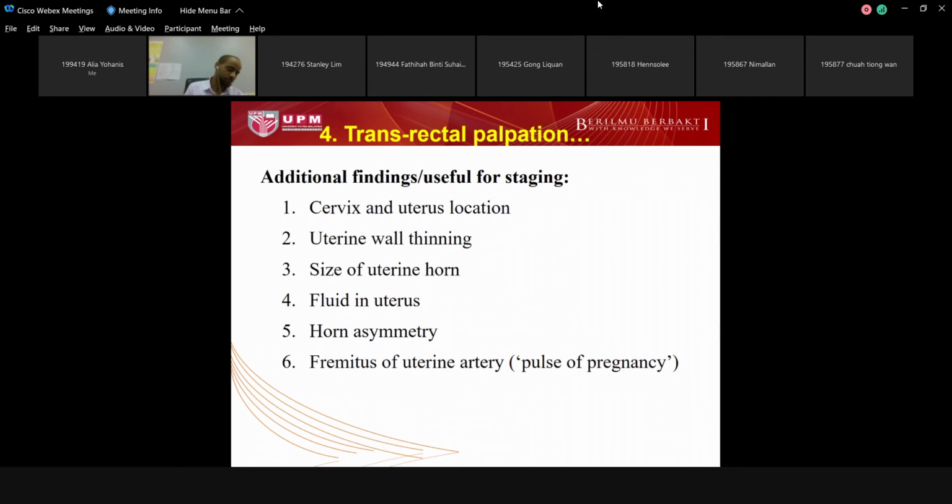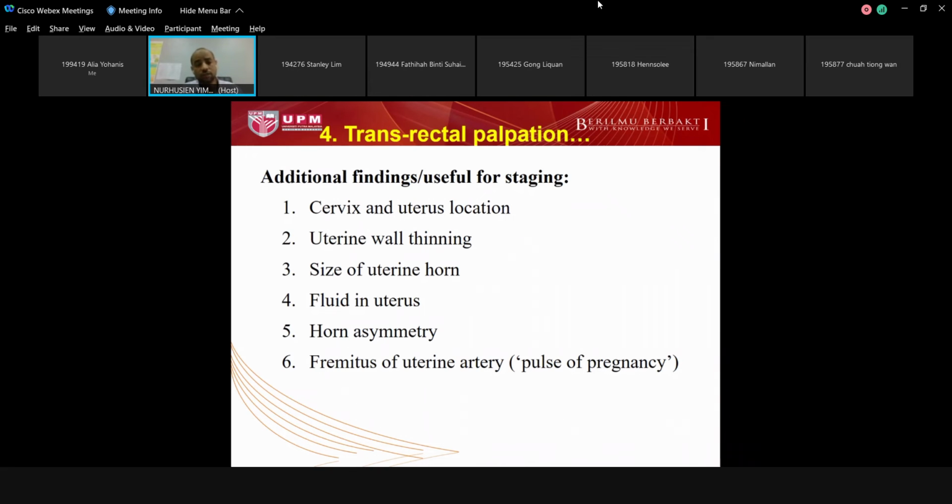So when we talk about staging, while you are performing transrectal palpation, these are some of the additional variables that you should take into account to help you to come up with a better estimate for the stage of the pregnancy. So one of the things is cervix and uterus location.